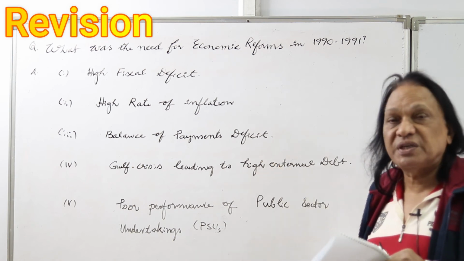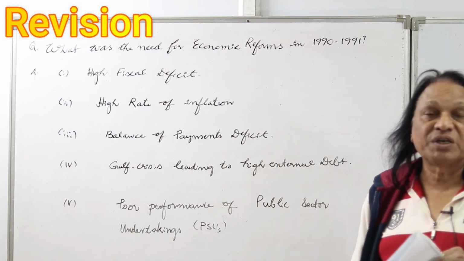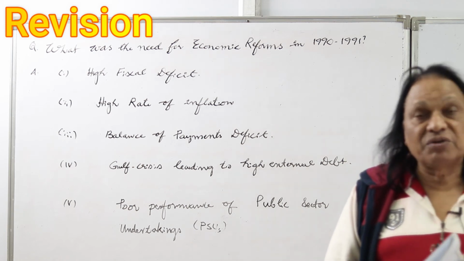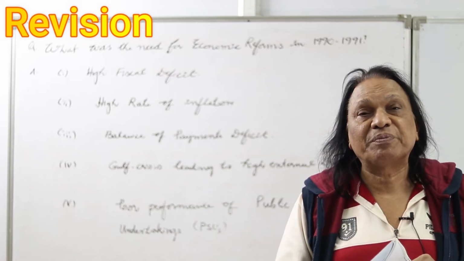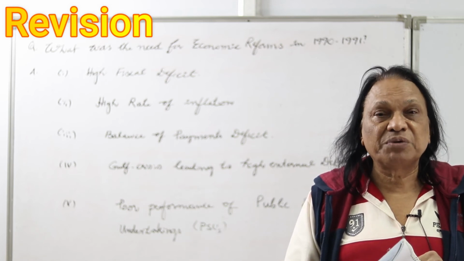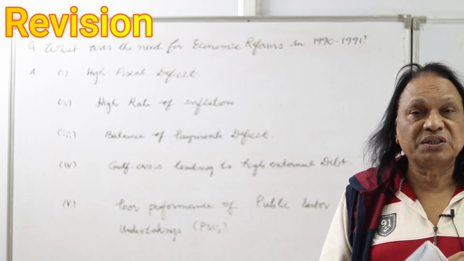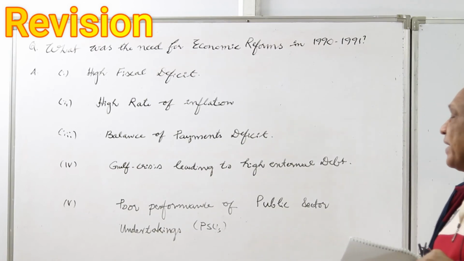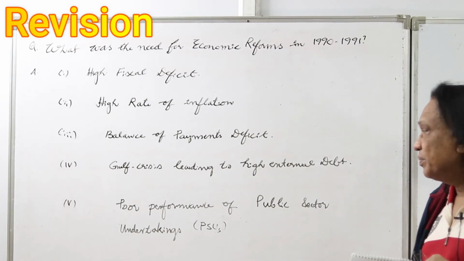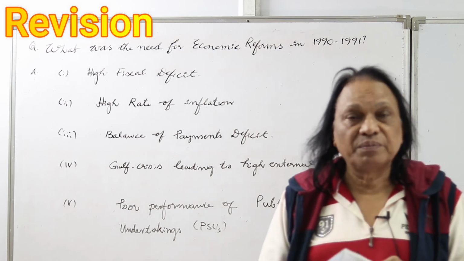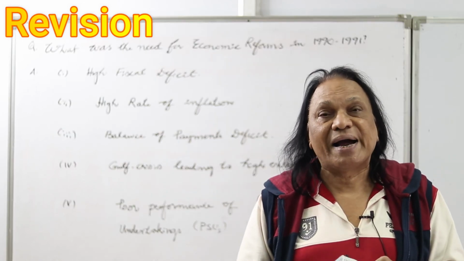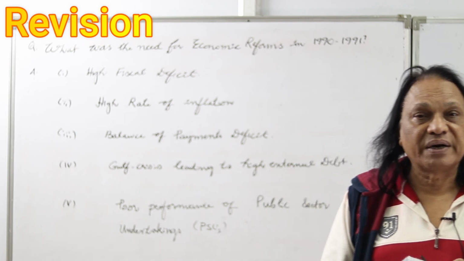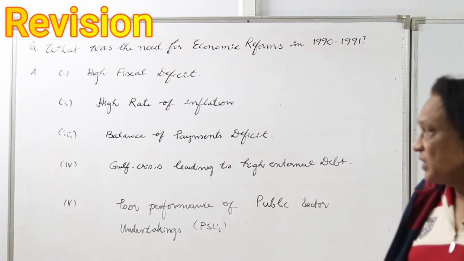Balance of payments deficit. There was a deficit because our exports were much less than our imports. The country had to import from other countries, and to meet this deficit, they had to mortgage the gold. Gulf crisis: there was an Iraq war, and because of the Gulf crisis, crude oil prices went up. The country had to import from other countries, and that's why there was a deficit.